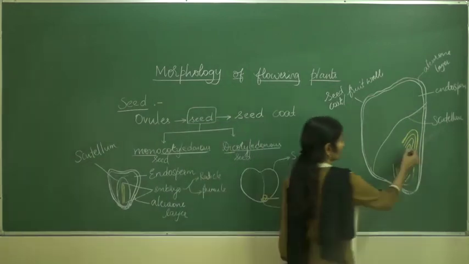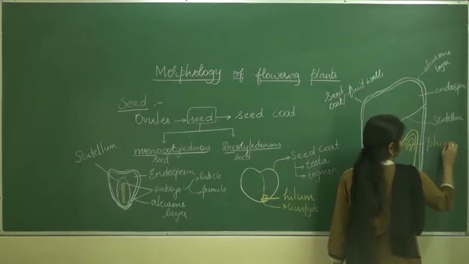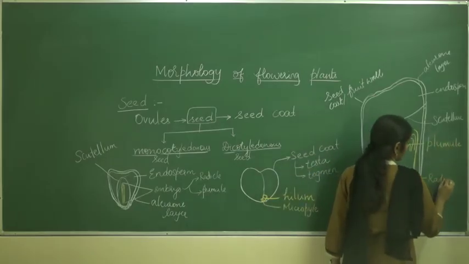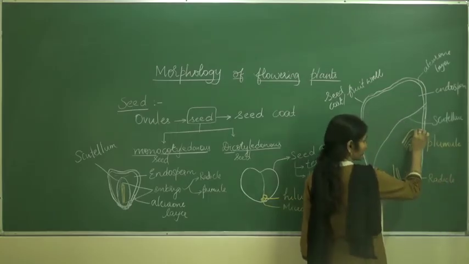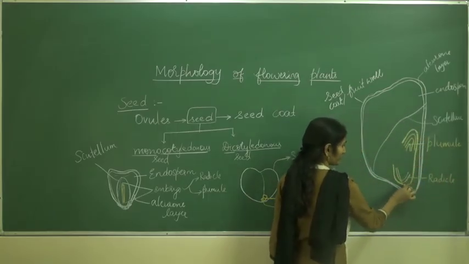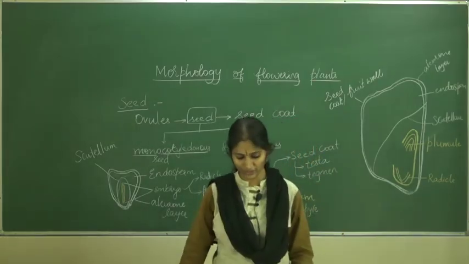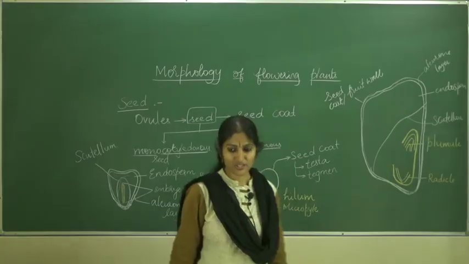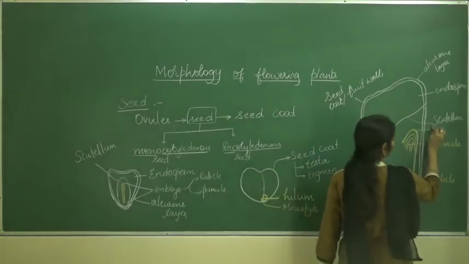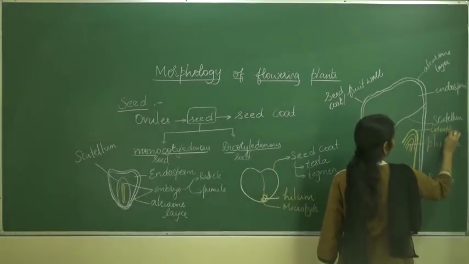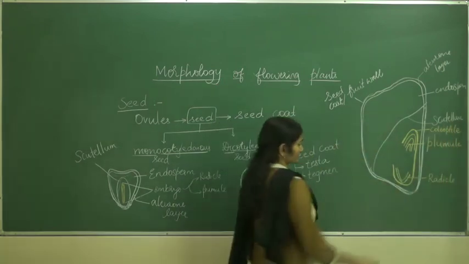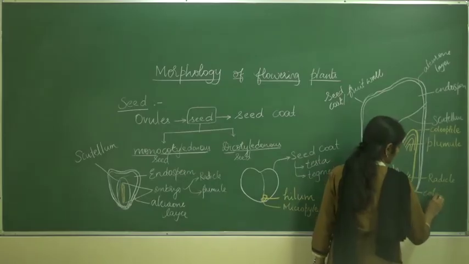This would give rise to the shoot part, which we call the plumule, and this we call the radicle. Can you see this part which is covering the entire embryo? Now this plumule is covered by a layer called the coleoptile, and this lower region is what we call the coleorhiza.